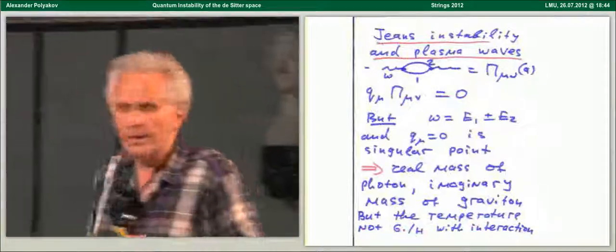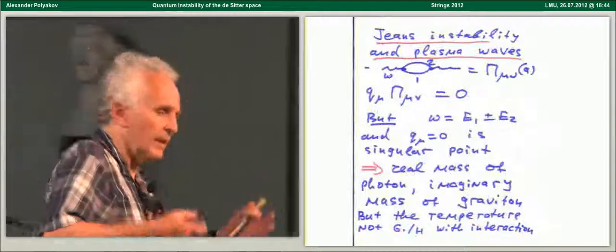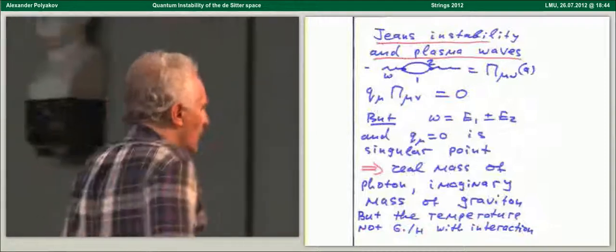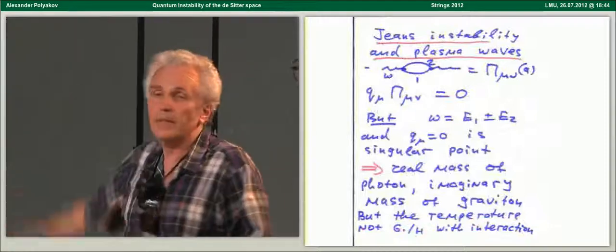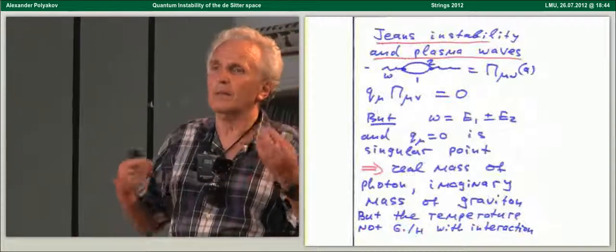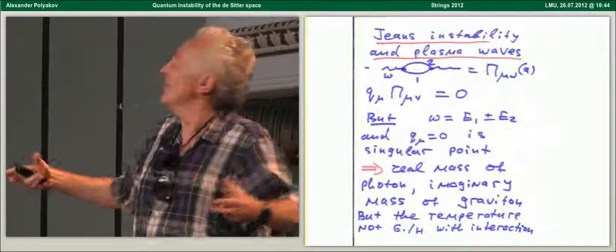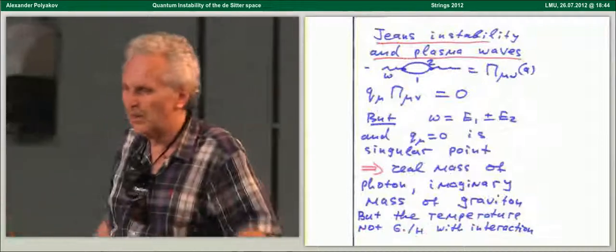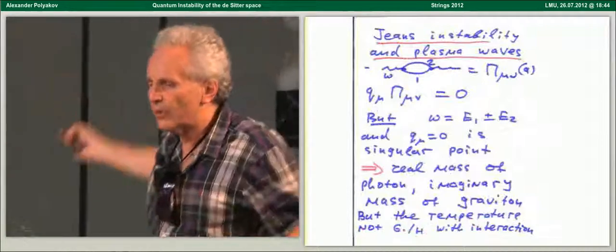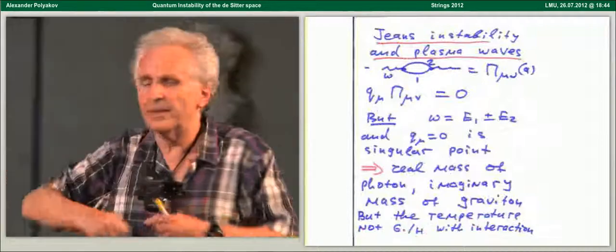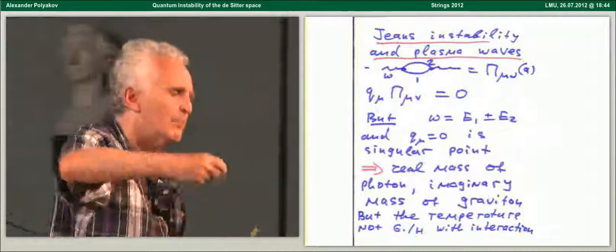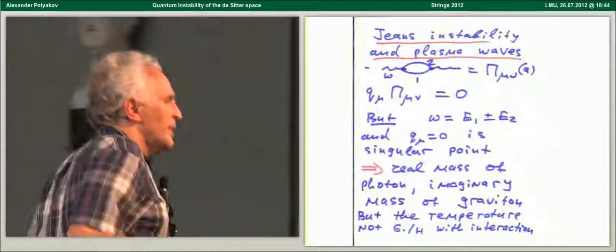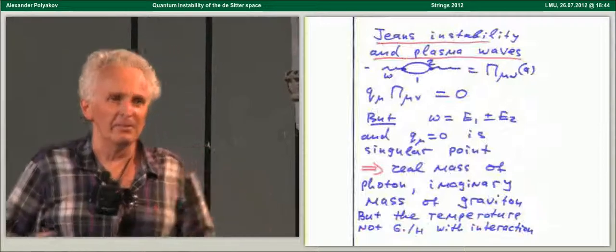Now, the next step would be to see if we have, it's well known for a long time that there is a Jeans instability at finite temperature. Will the Gibbons-Hawking quanta be real? That's why I called it the case. If we find that there's no Jeans instability, but observers detect temperature, that would be the triumph of subjective idealism.